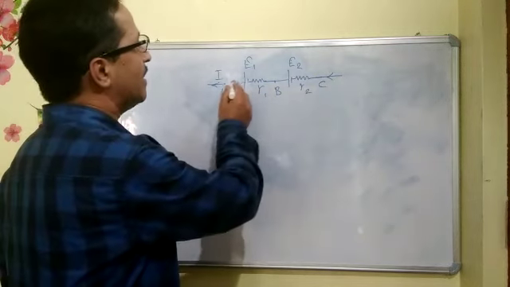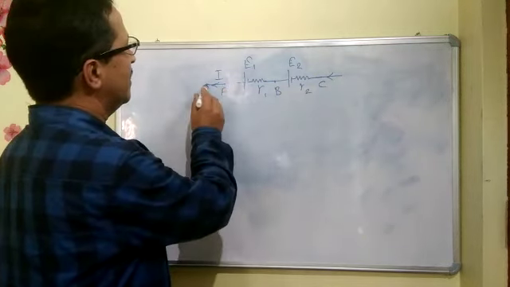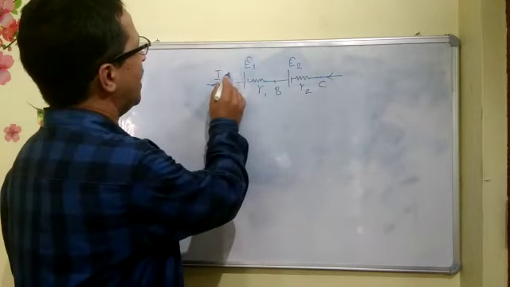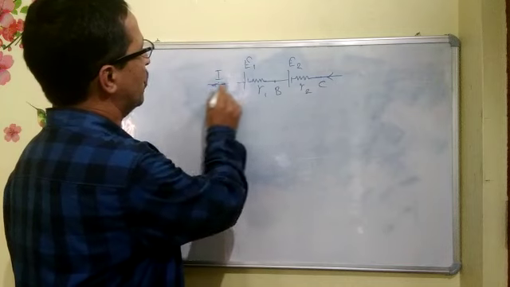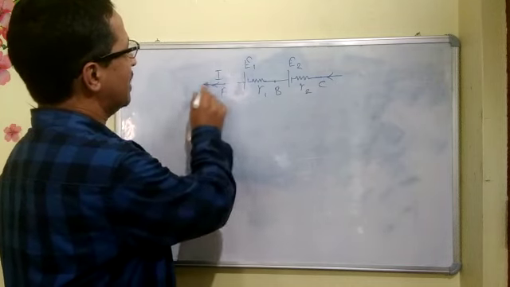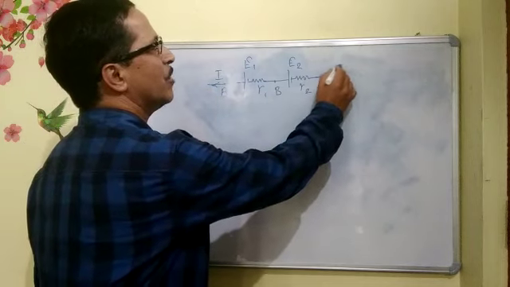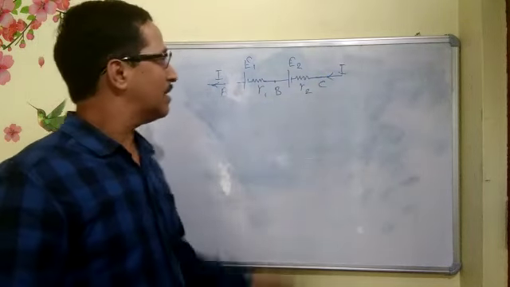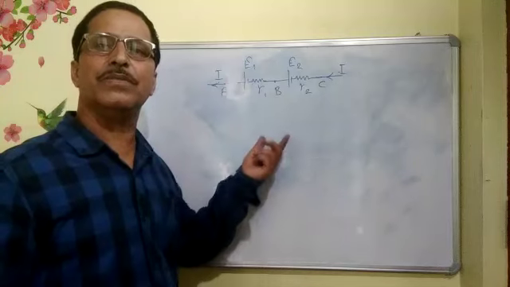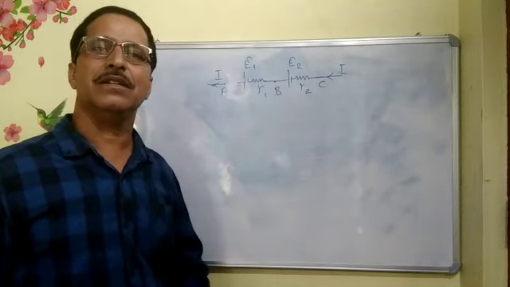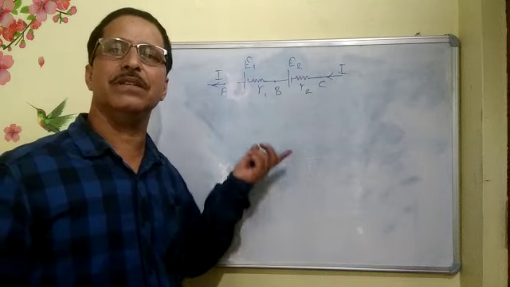When the cells are connected in series and then to the external circuit, suppose current I starts flowing from this cell. This current will go through the external circuit and will come back from this side. We will now see what will be the EMF of this combination and what will be the total internal resistance of the combination.